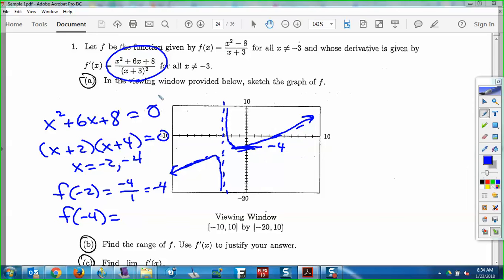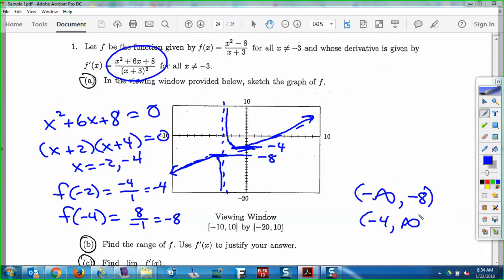Then we put -4 in there: 16 minus 8 is 8, over -4 plus 3 is -1, so that's -8. So this point right here is -8. This is the work they want to see: that you do the derivative, set it equal to 0, and find these local max and min points. So now your range is negative infinity to -8, and then -4 to infinity.